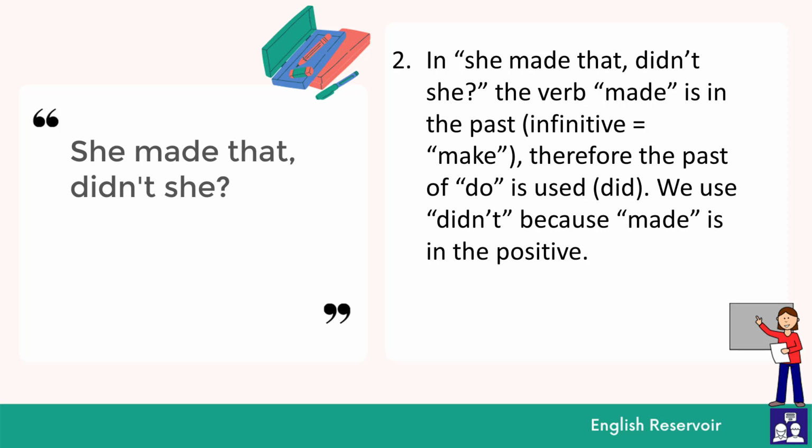In, she made that, didn't she, the verb, made, is in the past. Infinitive equals, make, therefore, the past of do is used, did. We use didn't because made is in the positive.